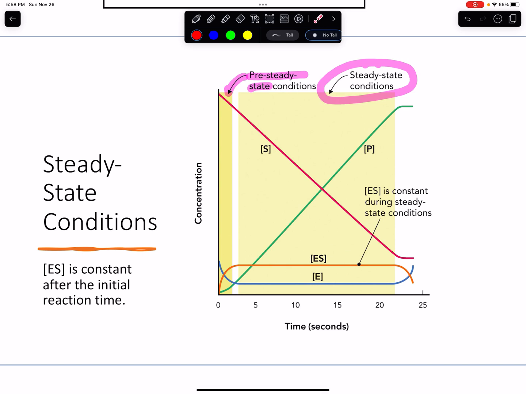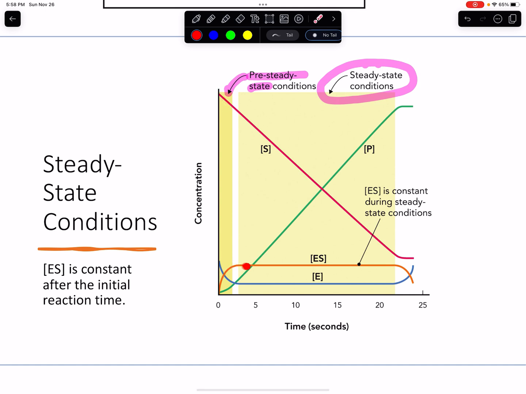So we have a ton of substrate when we're at our steady state conditions.